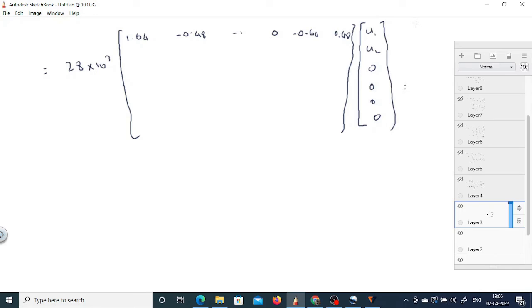Force also: F1 is 0, but F2 has minus 12 into 10 cube, other forces are 0. Likewise I can write.